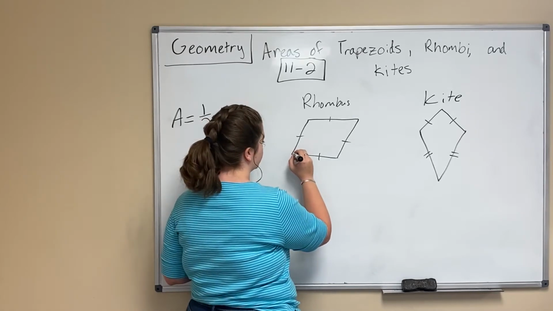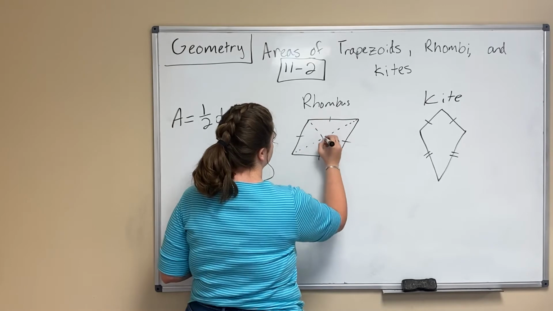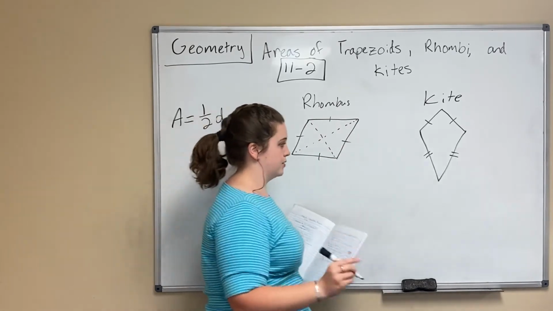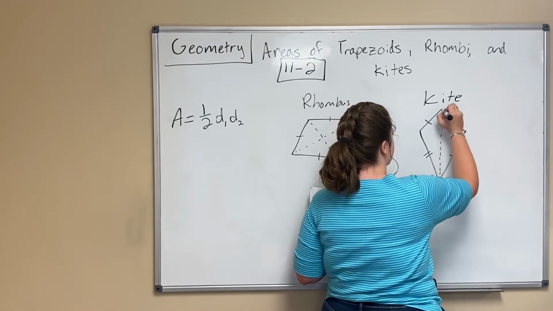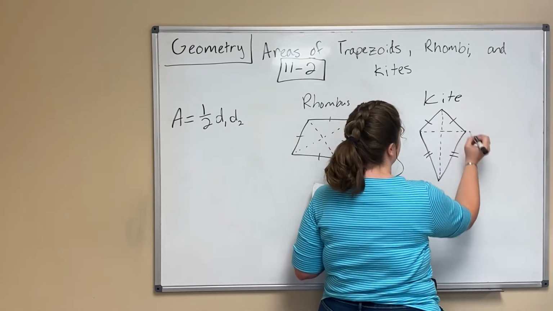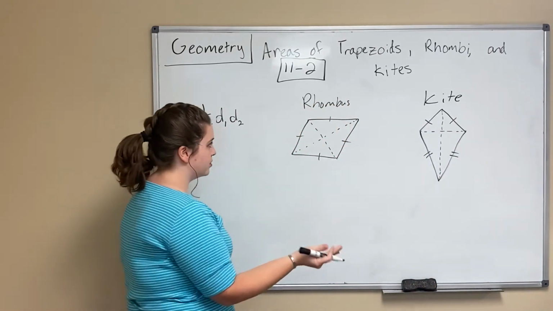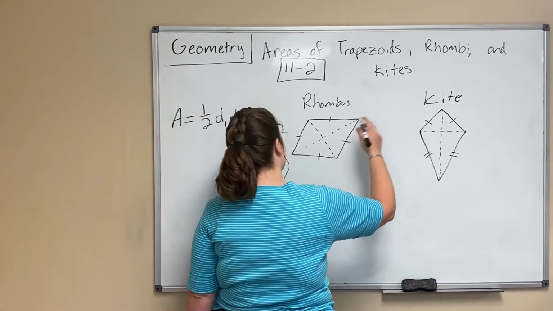So the diagonals of this rhombus are this line and this line. The diagonals of this kite go like this, there and there.